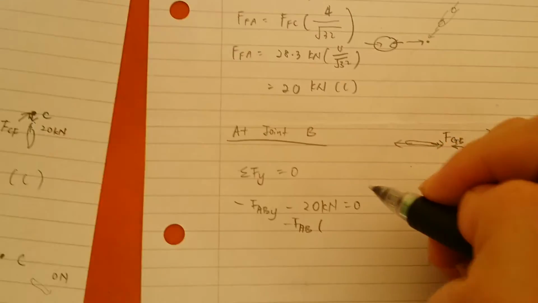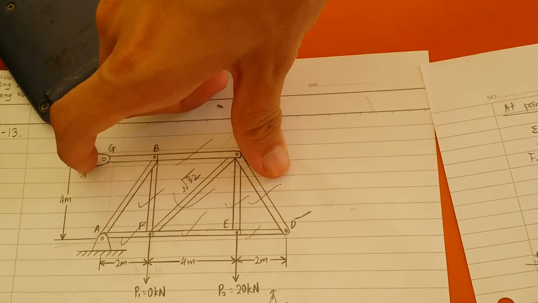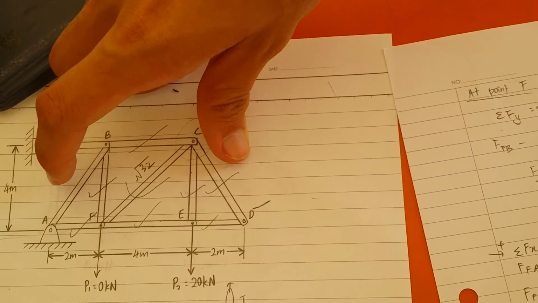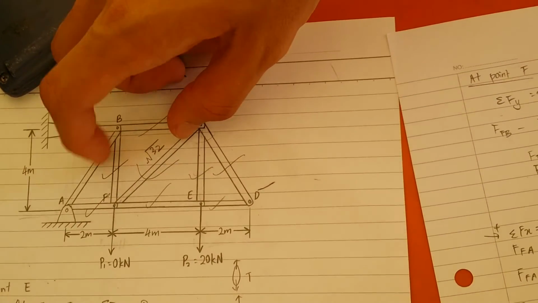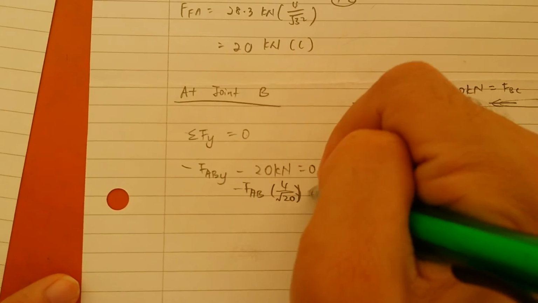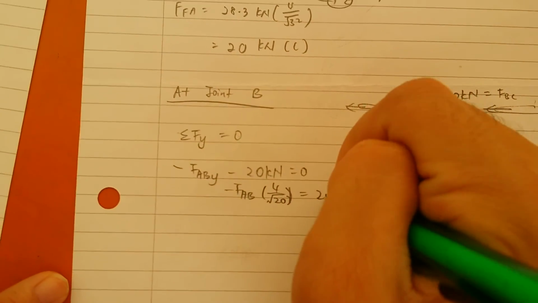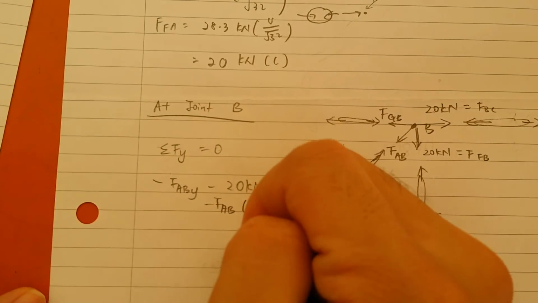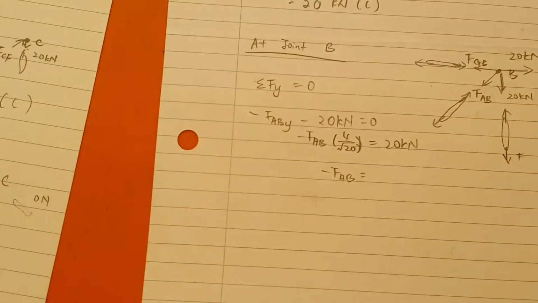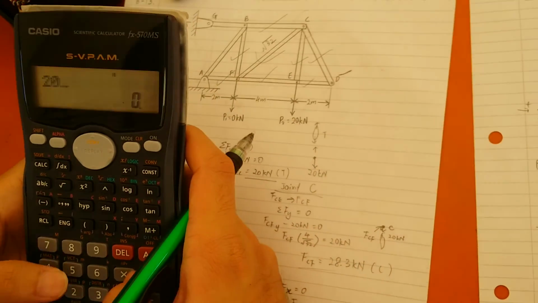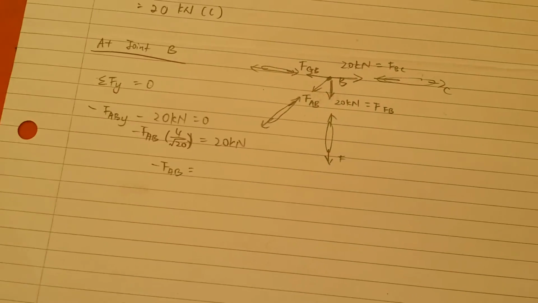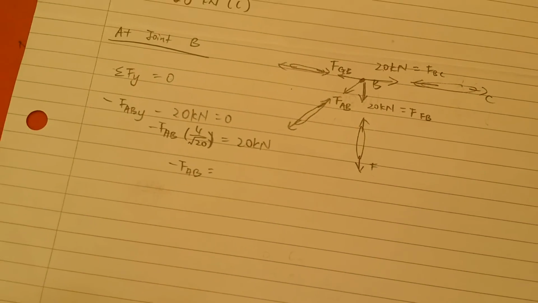So this FAB, the y component is 4 over square root 20, because this length AB is square root 20, equal to 20 kilonewton. So we can get that negative FAB equals to 20 times square root 20 over 4, which is 22.4.